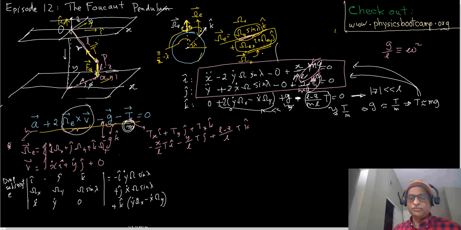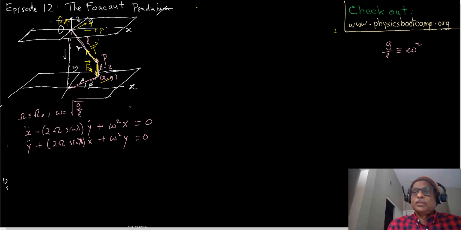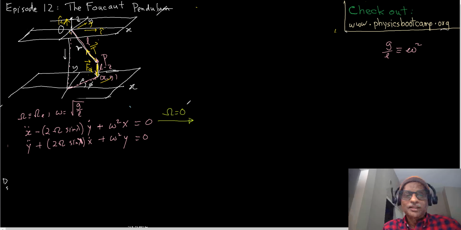If you solve simple two-dimensional simple harmonic motion, like a damped oscillator, you've seen this problem before. Okay, first thing to notice when you get this far, you should make sure that you get the simple pendulum out from here. So if omega is 0, there's no rotation of the earth, right?